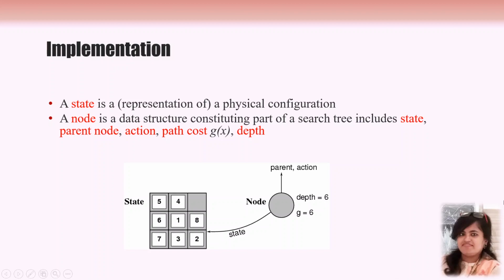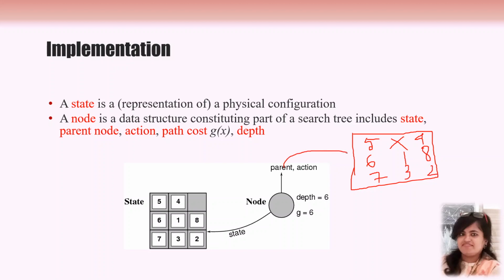Now to define a node we need to know the state as well as the parent node. That is, earlier the blank could have been over here. Suppose the tile looked like this configuration: 5, then the space, which I am marking by a cross, then 4, then 6, 1, 8, then 7, 3 and 2.